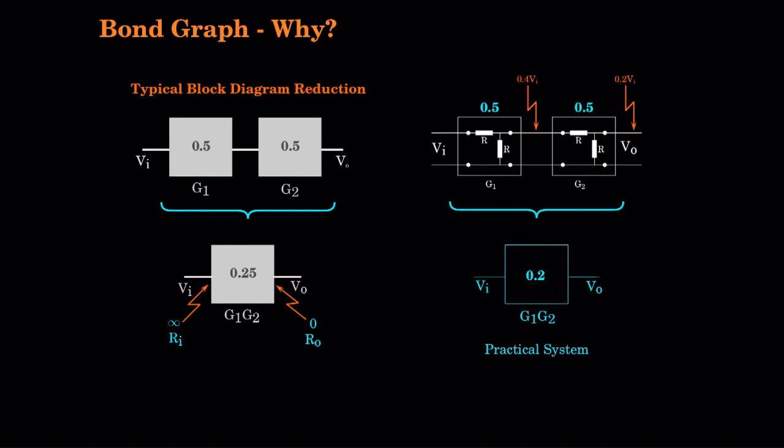So, you will assume that Ri is infinite, R naught is 0, and you will do all your calculation in this fashion, but actually there will be quite a large mismatch between these two, and this is a very simplistic example. Imagine much more complex dynamic situations, you will land up in some serious problem.